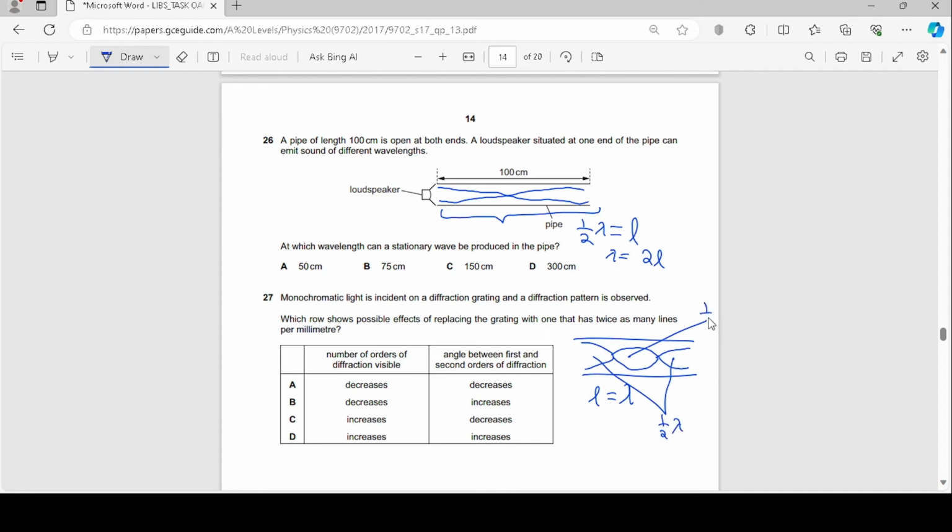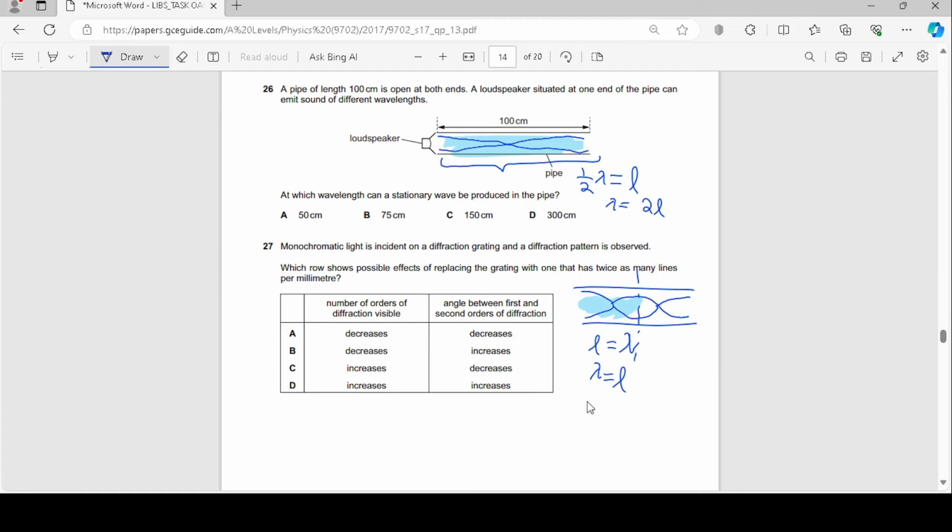Or you could divide this into two halves, so this is half lambda, the same as the case we had here, and the other one is also half lambda. So in total you have lambda. So L equals lambda, and lambda equals L.